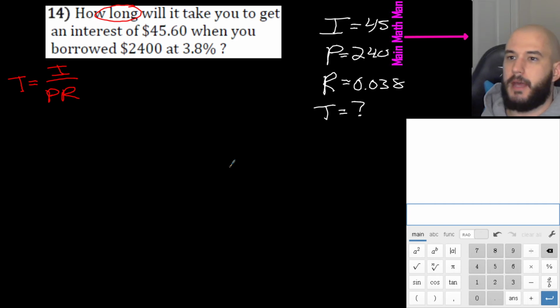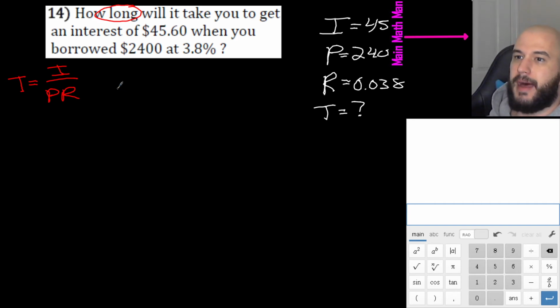All right, so now let's see if we can plug in these values for ourselves. Again, I'll do both ways just to, honestly, just to show off. So let's say this is equal to $45.60. Again, that's going to be over those two numbers multiplied together. So I have it like this.